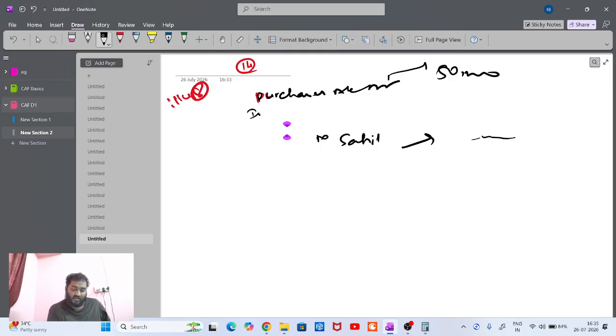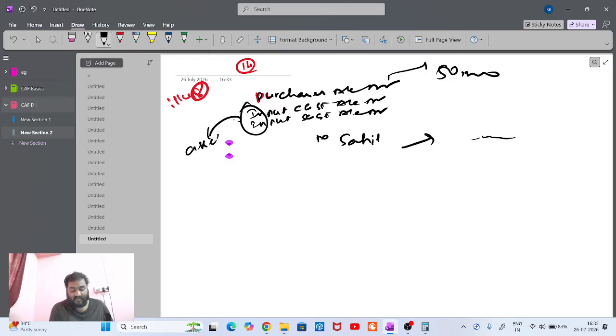Now they talked about input CGST account debit, input SGST account debit. Always remember, input is always a debit balance. Input is an asset for us. Keep this in mind. The amount is 4.5 thousand, which is 9% of 50,000.